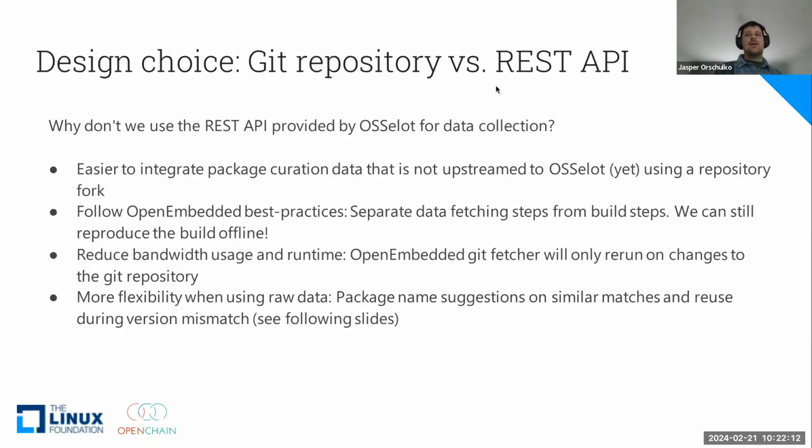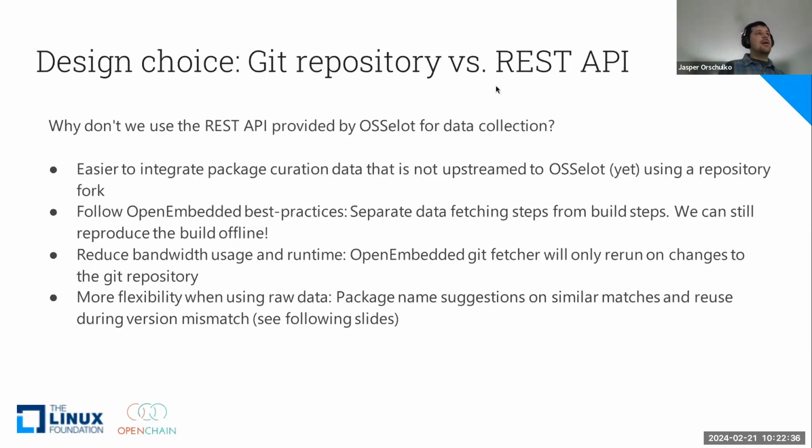By using the Git data, it's really easy for someone who actually wants to clear their own data to just fork the existing OSSelot repository and then add the data on top. So it makes it really easy to get a workflow going if you want to start curating your own data.